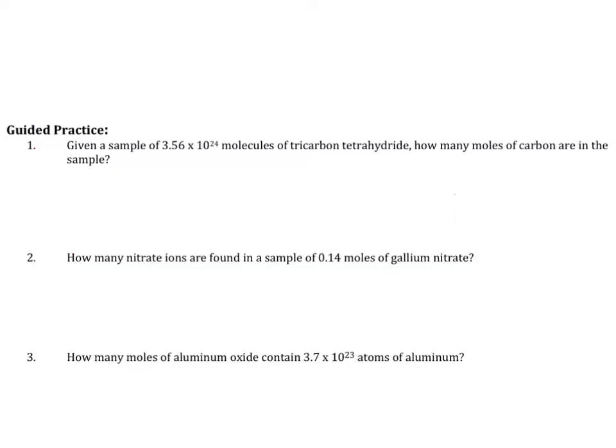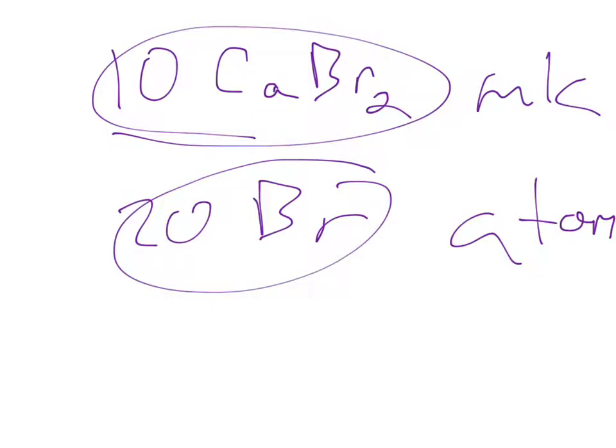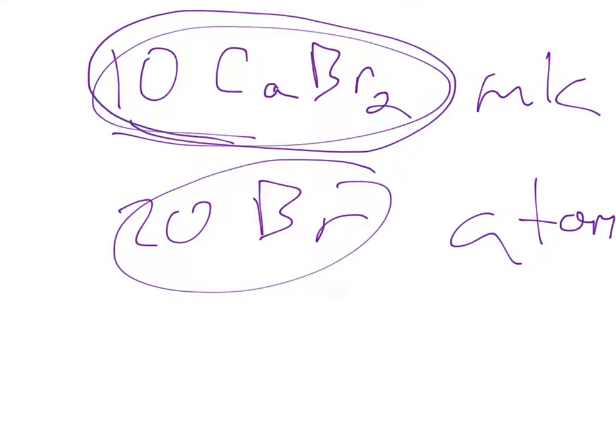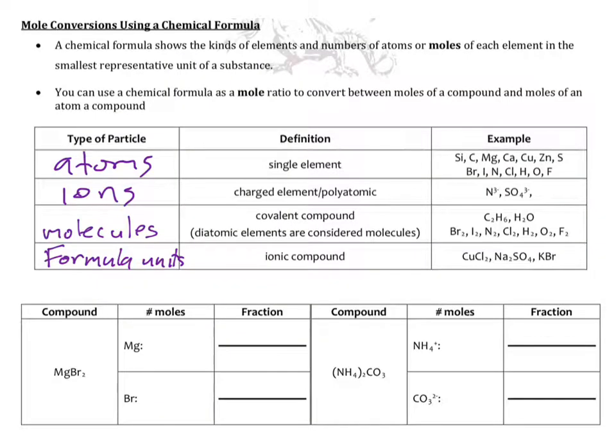So for example, in this situation here, we went from this formula unit, 10 calcium bromides, to 20 bromines. And the way we do that is we can think about it in terms of moles. Notice this compound here. This is 1 magnesium to 2 bromines. For every one of these, we have 1 magnesium, and for every one of those, we have 2 bromines. And we can actually think about it in terms of moles.